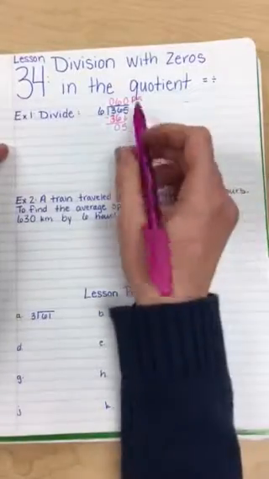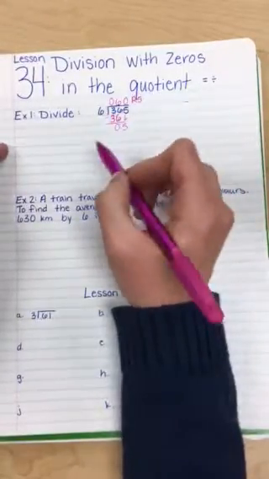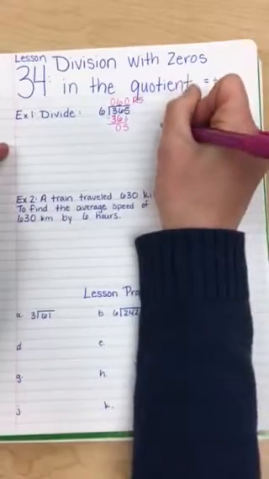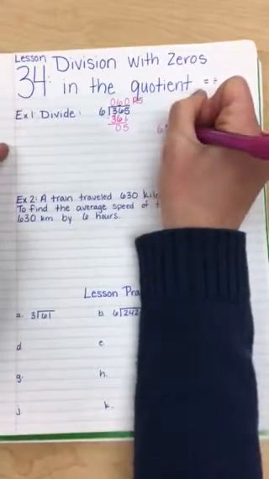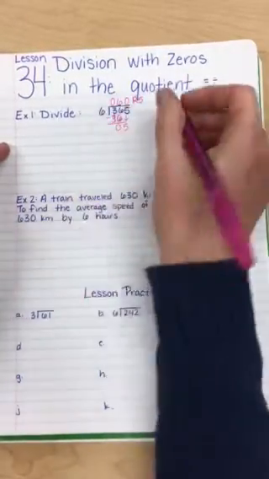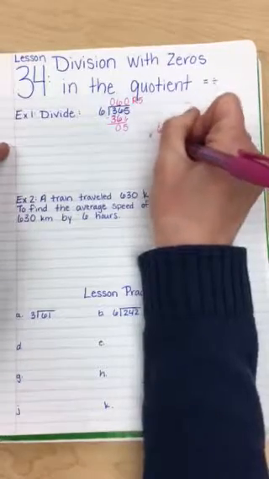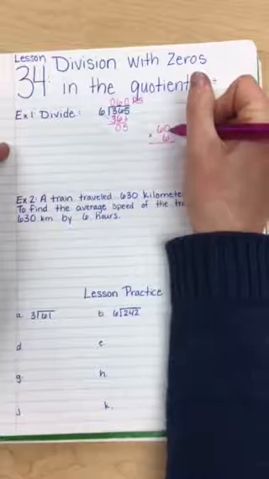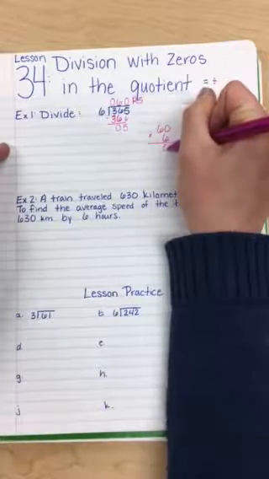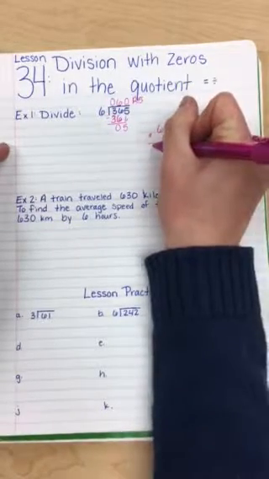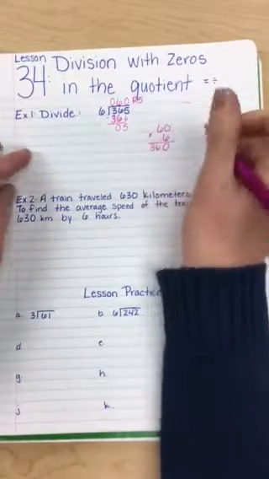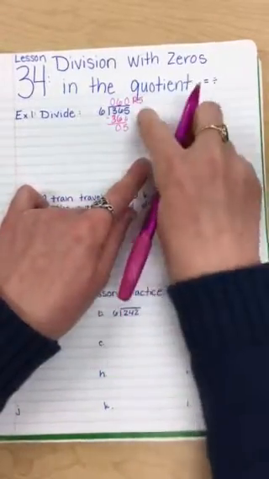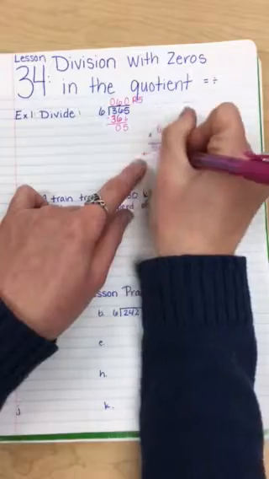So we're going to do the opposite of division, which is multiplication. So we're going to say 60, our answer, times 6. And we're going to see what we get, okay? 6 times 0 is 0, and 6 times 6 is 36. And then we have this remainder of 5 that we've got to add on.